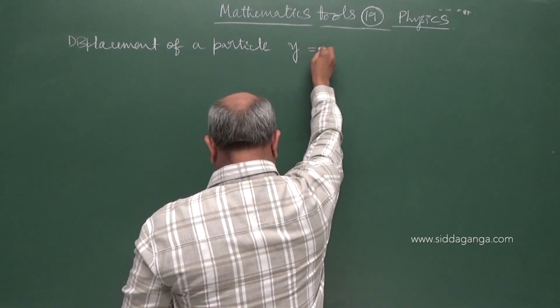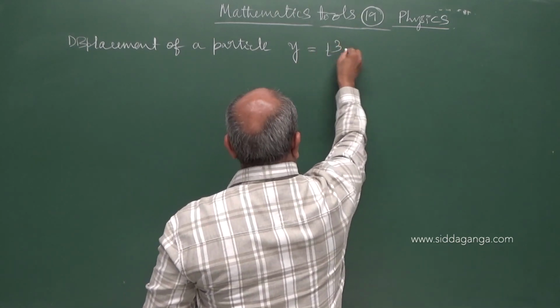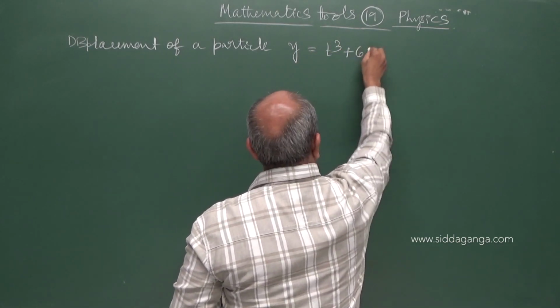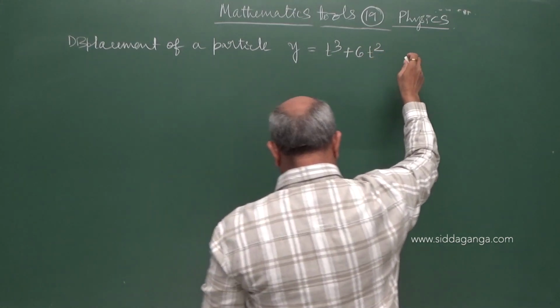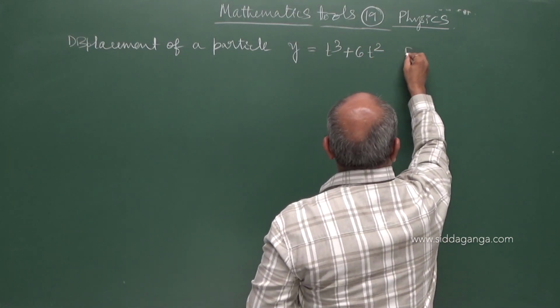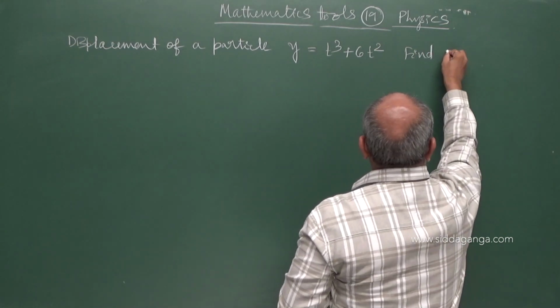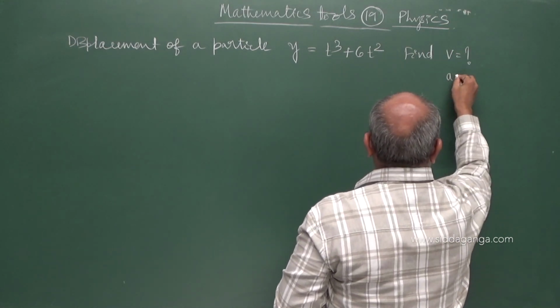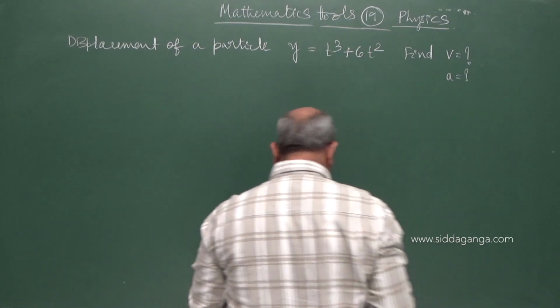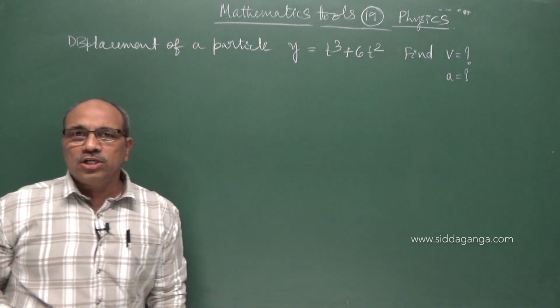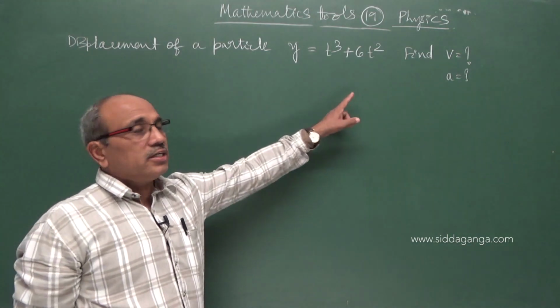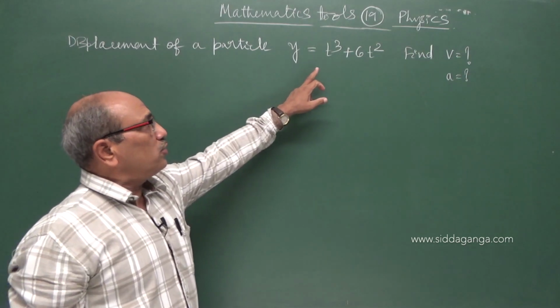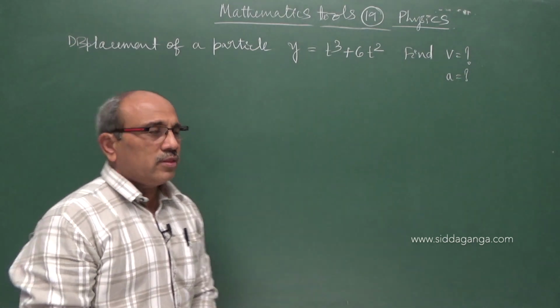y is equal to t cube plus 6t square. Find the velocity and acceleration of this particle. You have to find both velocity and acceleration for this y equal to t cube plus 6t square.